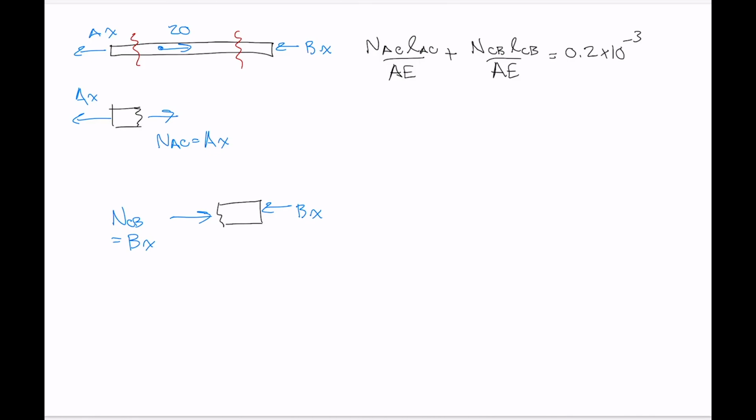Now we've got N AC. We can see that it is equal to Ax here, and that the normal force is tensile, so it goes in the equation for N AC as a positive value. So we've got positive Ax here.